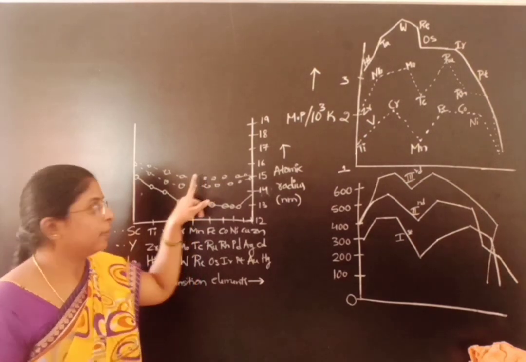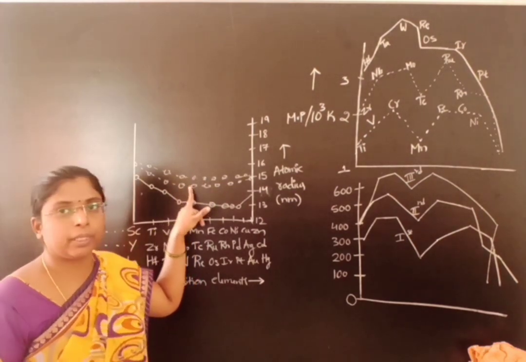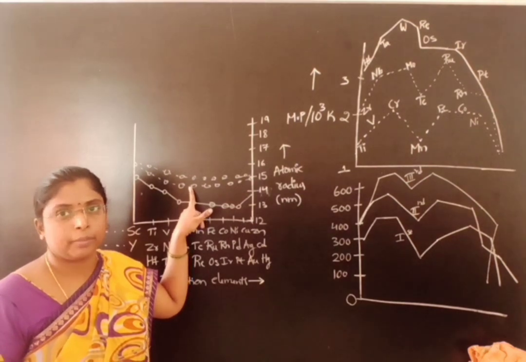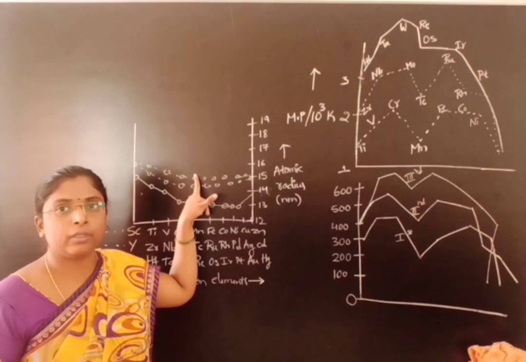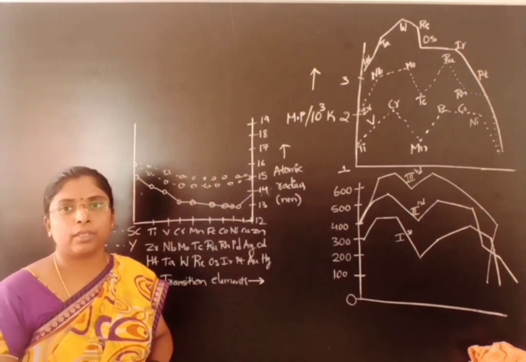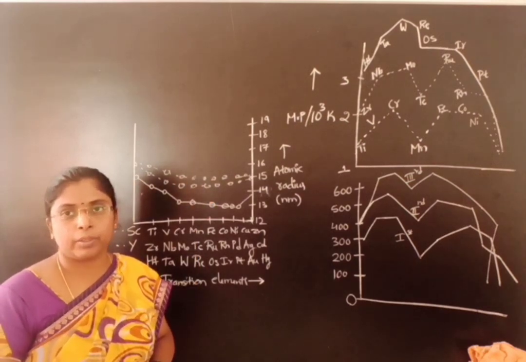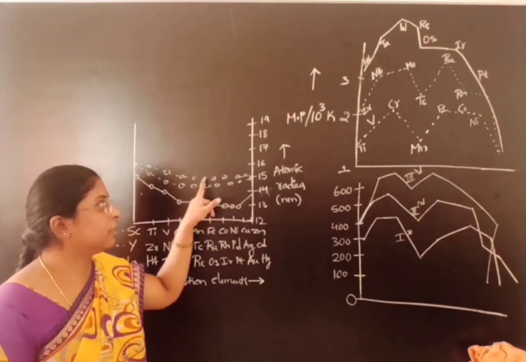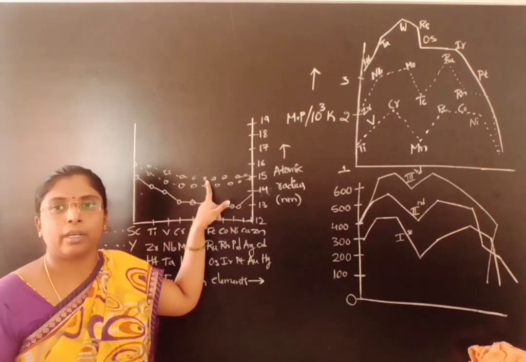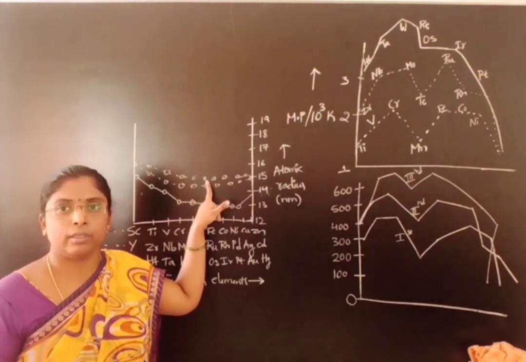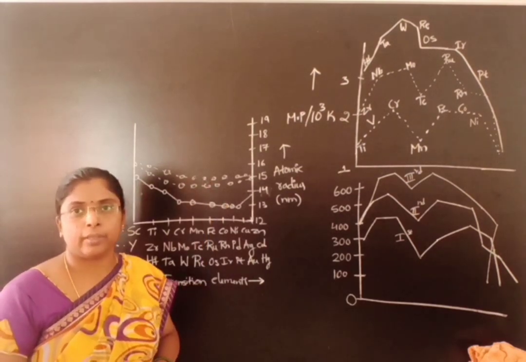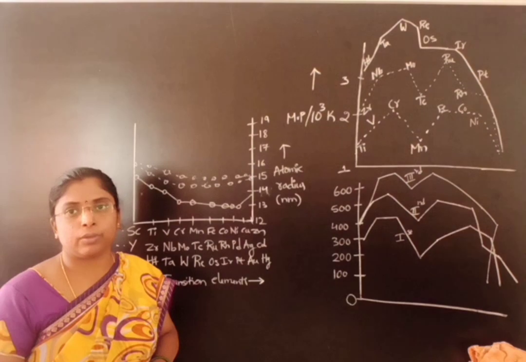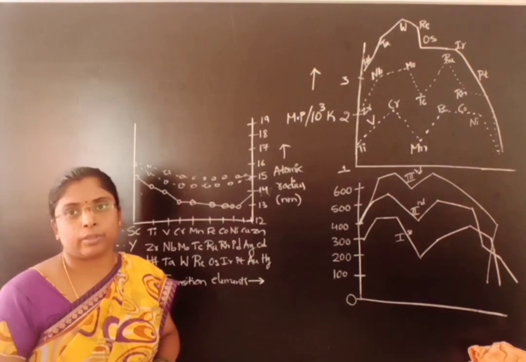If you see, they have similar atomic and ionic radii because of the intervention of 4f orbitals, which must be filled before the 5d orbitals in the third transition series. It leads to a regular decrease in its atomic as well as ionic radii, and this contraction we call lanthanide contraction.